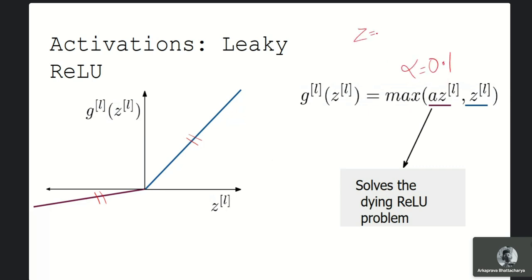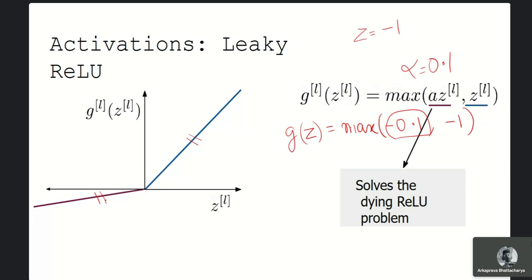So let us suppose our z is -1, then what would g be? Max of -0.1 comma -1. Here -0.1 is larger, so it will produce an output of -0.1.